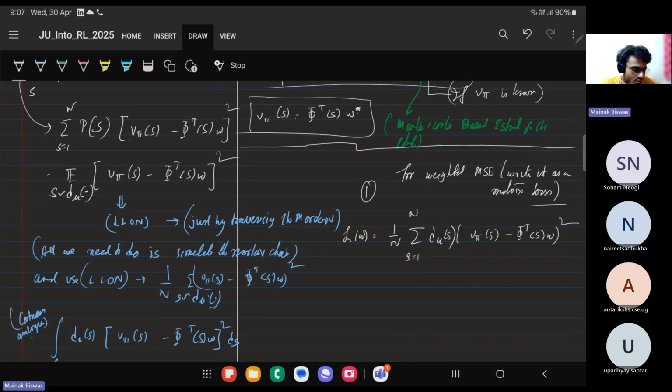I'll tell you a trick for when you have weighted stuff. Normally, this is just V pi, and we would just multiply the D matrix transpose to it. Good idea, but I think that directly won't work because this becomes a scalar.